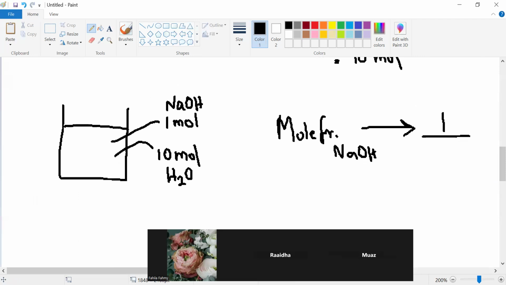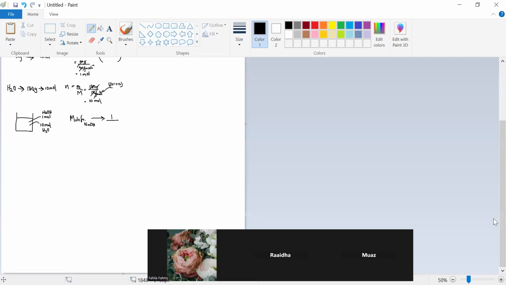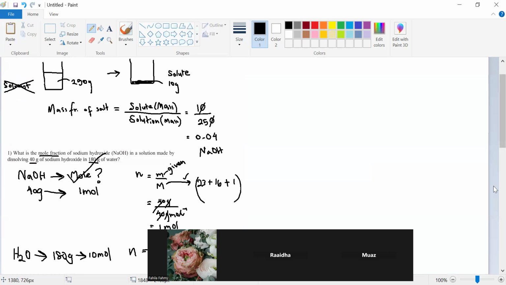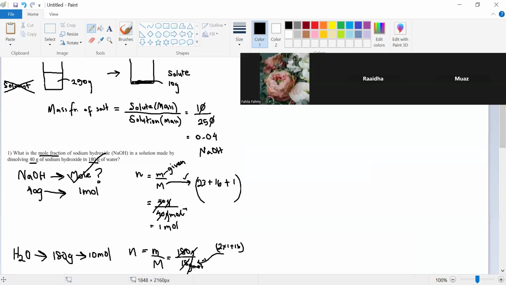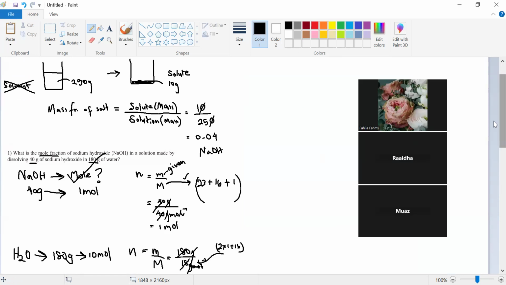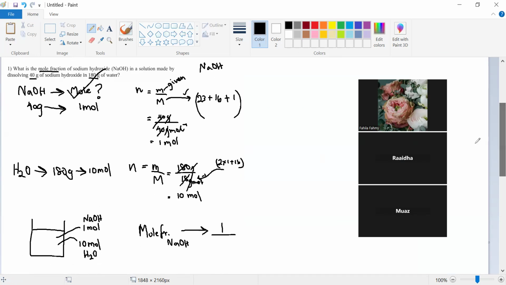Okay, let me zoom this out. I'm a bit confused with the mass and the moles. It's like this. They started off with the mole fraction.